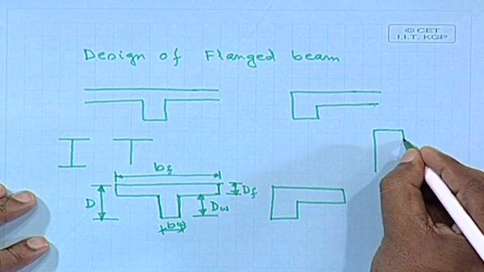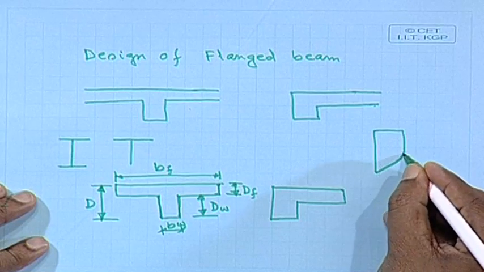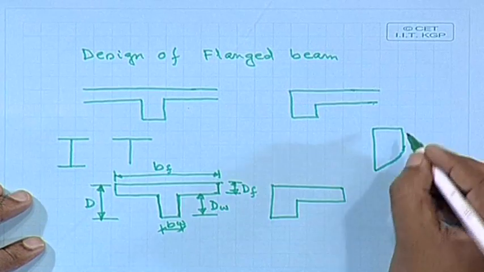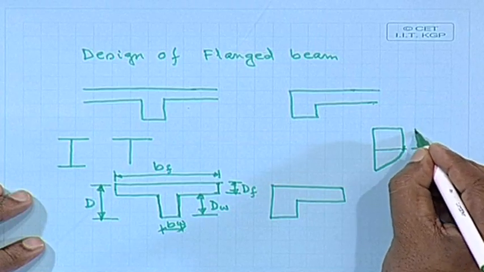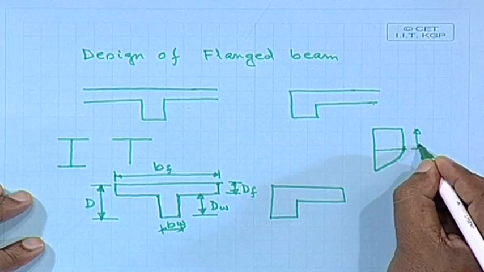Depth of the web we can get. What we have to do? We can do the design as well as we can do the analysis. Moment of resistance we can find out for these sections. Here only thing I shall mention today, there could be three different cases, depending on the stress block. This is your stress block, from here to here that constant.